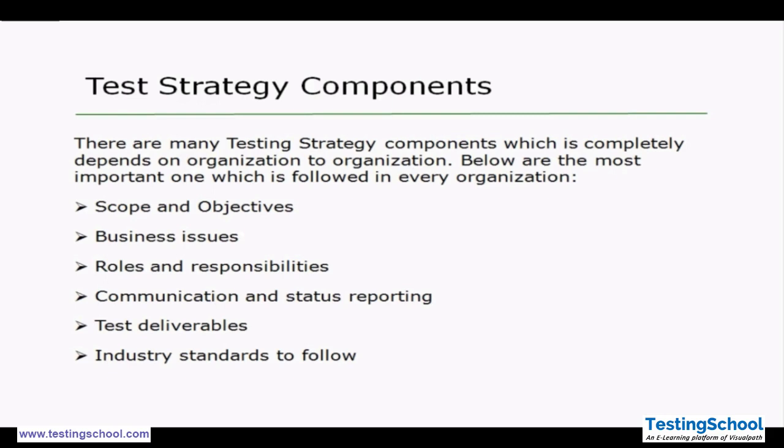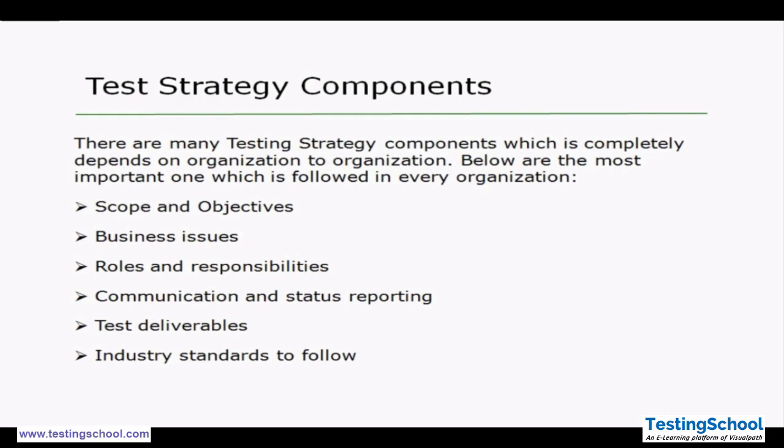And the status reporting, like how you give your status to the client, whether on the phone itself, or you write a mail every day, or you write a mail on a weekly basis. So how you give your project status to the client is mentioned in the test strategy document, which is at the organization level.